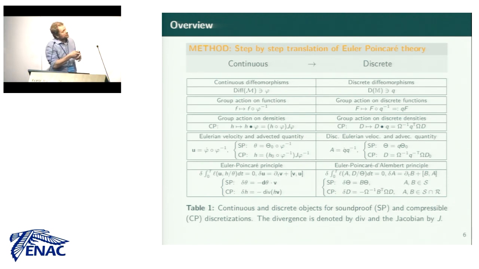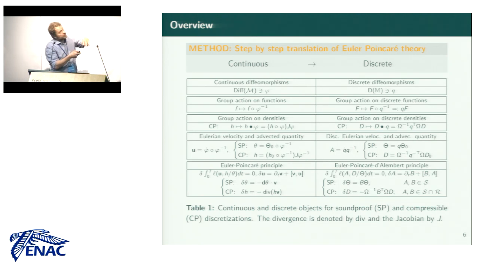So here, let's first concentrate on the left-hand side. To formulate the variational principle, we start with the diffeomorphism group. This group induces an action on functions that is defined like that. So it acts from the left by composition on functions. Densities have to be treated differently, but densities we only need for the compressible case.